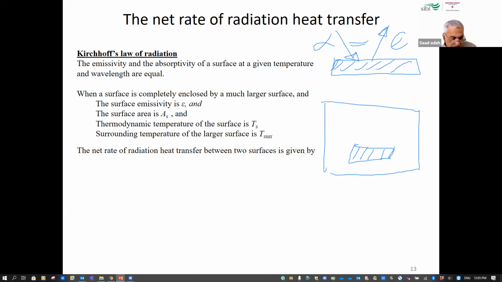So we need to know the surface emissivity and the surface area, and also the temperature of the surface.